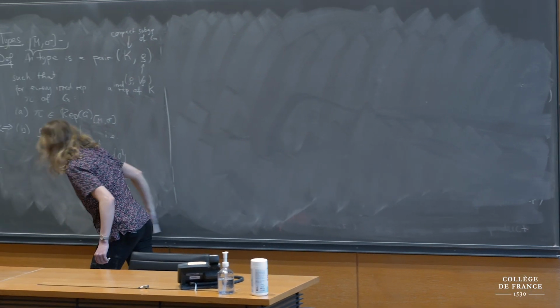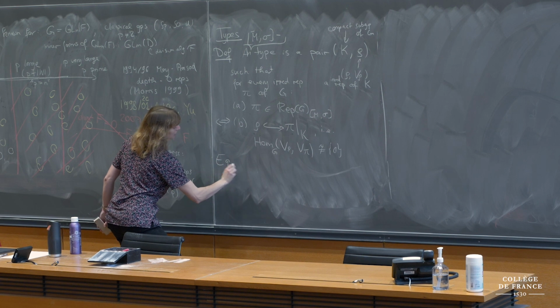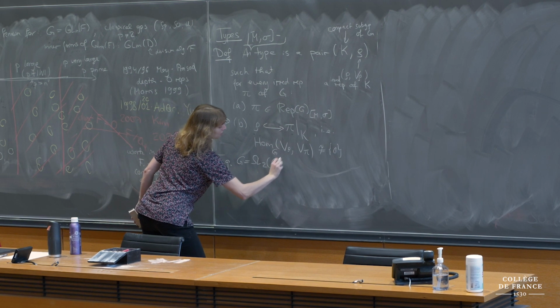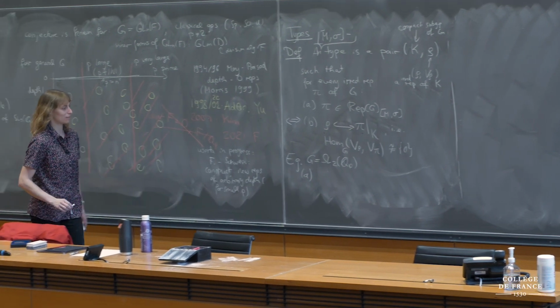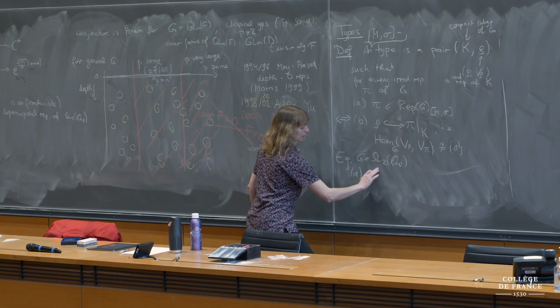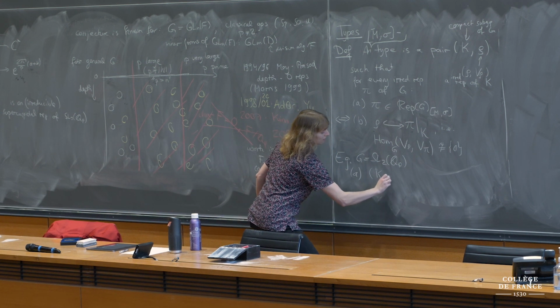So for the examples we had before, in the case of SL2 of Qp, we had two examples previously. The example A was our supercuspidal representation, and if our supercuspidal representation was the compact induction, then this corresponding pair K and rho is a type.